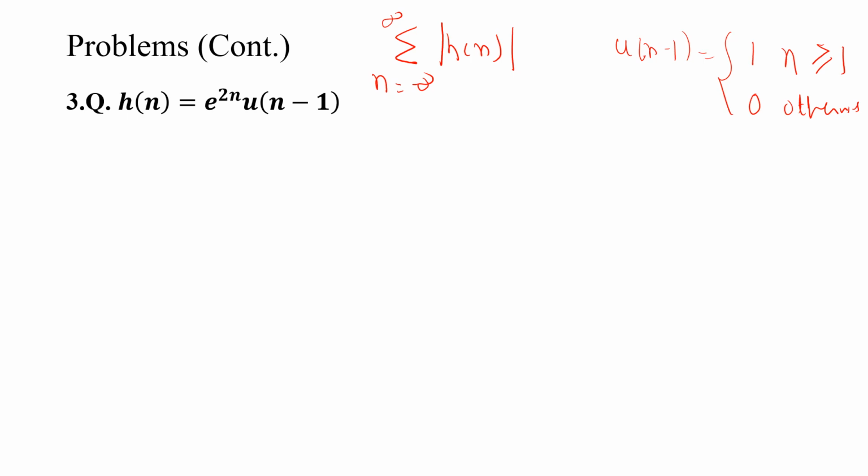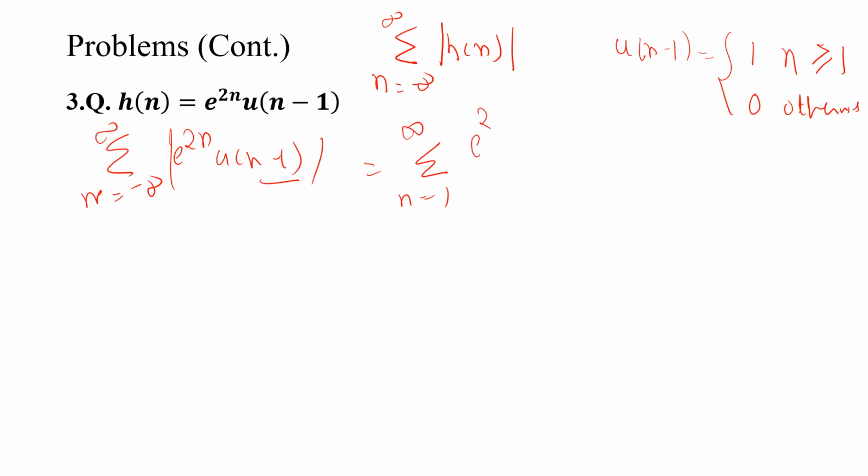So it will be the summation of n equal to minus infinity to infinity of e to the power 2n u of n minus 1. U of n minus 1 exists for n at least 1, and for less than 1 it is 0. So I will write n equal to 1 to infinity of e to the power 2n.